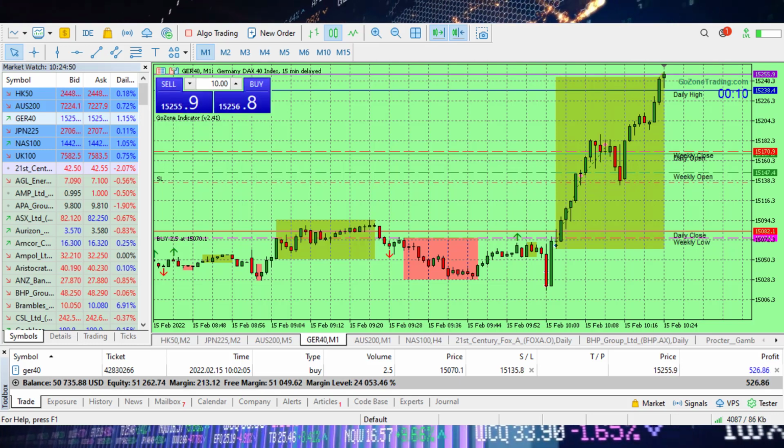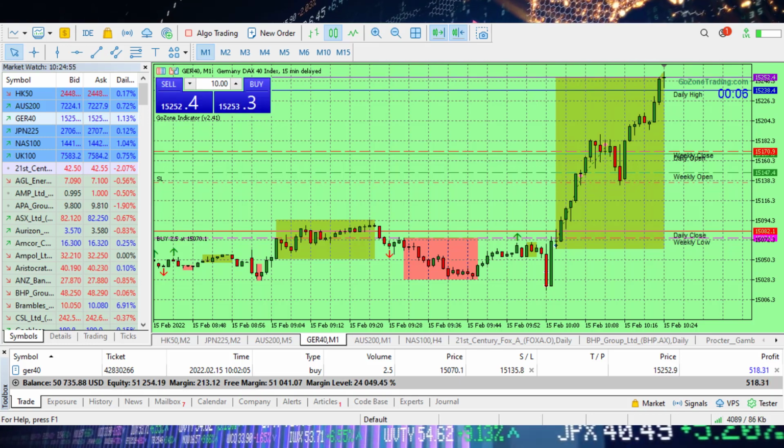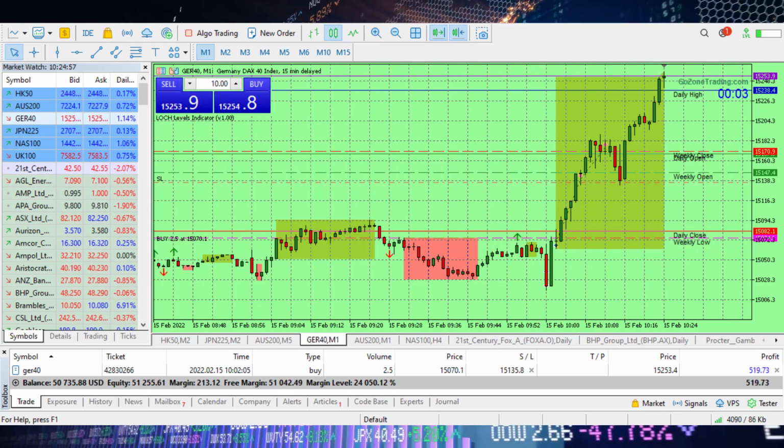Still making higher highs. However, the candles are getting weaker.